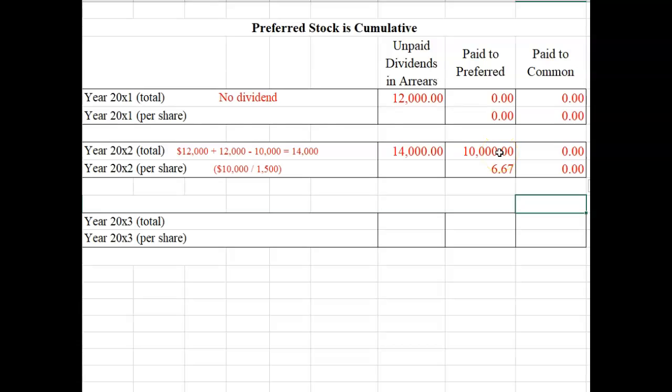All of it goes to the preferred, and that leaves $14,000 of dividends in arrears at the end of 20X2. And on a per share basis, the $10,000 of dividends paid to preferred divided by the 1,500 shares of preferred stock equals $6.67 of dividends paid to preferred in 20X2.